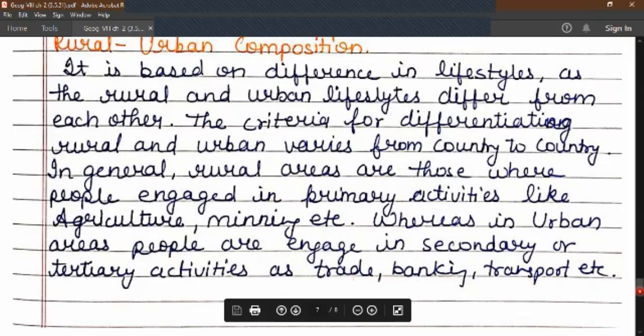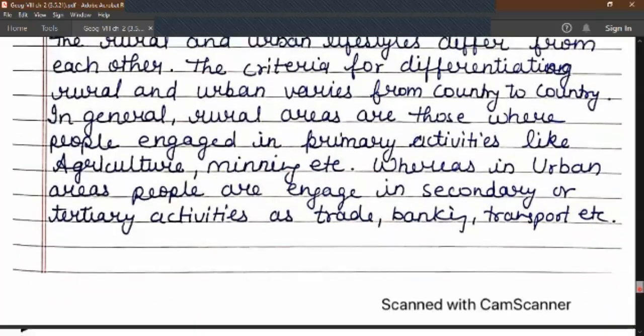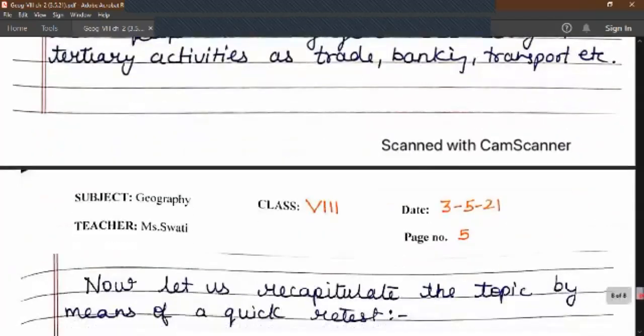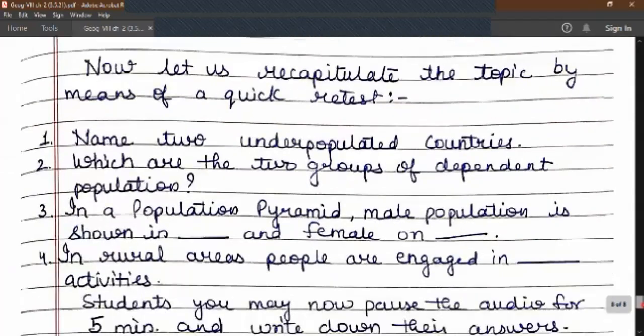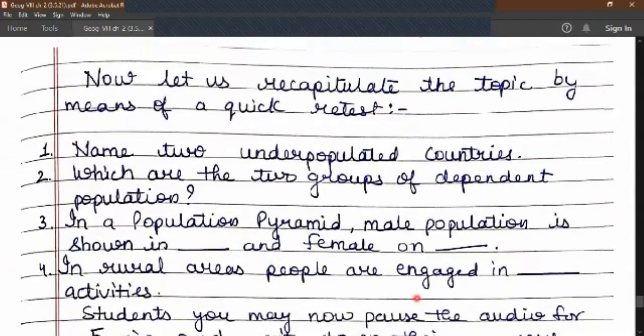So children, this is all about today's topic. I hope you have understood this well. Let us recapitulate the topic by means of a quick test. The questions are: Number one, name two underpopulated countries. Number two, which are the two groups of dependent population?